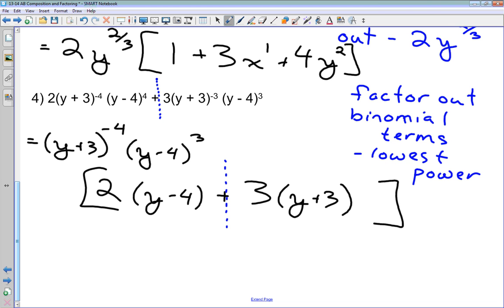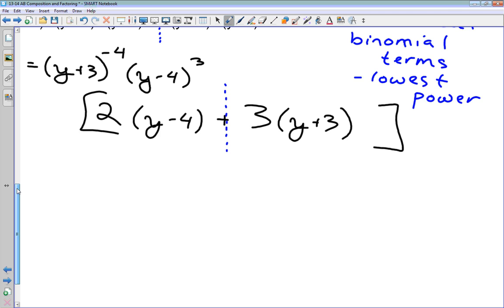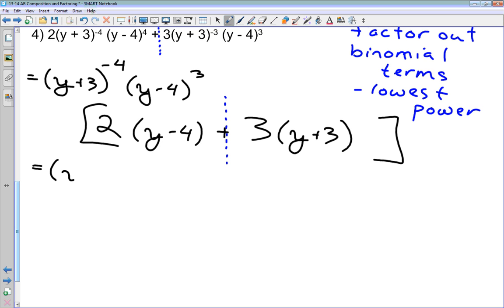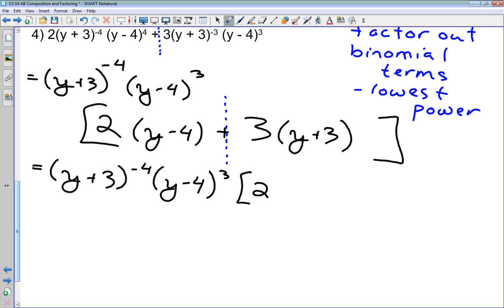And now at this point, we could simplify this expression we have in the square brackets. The stuff out front is going to stay exactly the same. In the square brackets, we can expand and collect our like terms. So 2y minus 8 plus 3y plus 9.